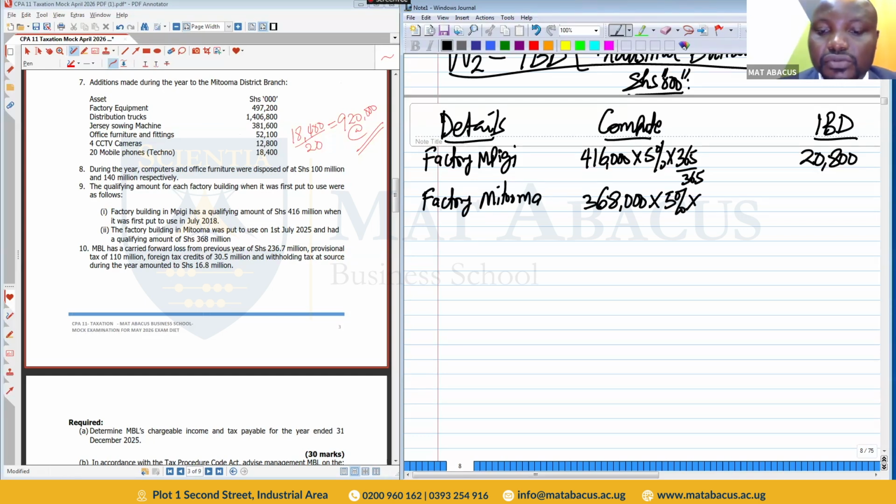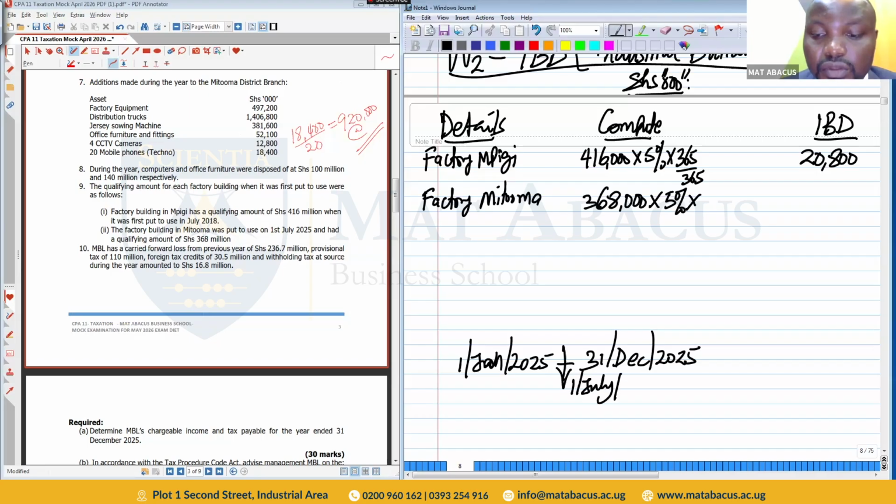So the year ended December 2025 starts from 1st January 2025 to 31st December 2025. So if the asset was introduced and was first put to use on 1st July 2025, it means that we have used this asset for a period of 1st July to 31st December.